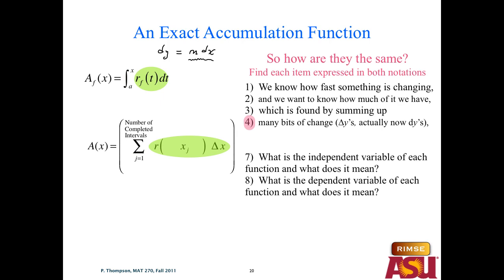Questions on that? What is the independent variable of both of these? X. And what does X stand for again? Where we're accumulating to. We're starting at, in this case, lowercase a, and we're going to accumulate to X. But that final point of accumulation is increasing, so it's a function of where we stop accumulating.